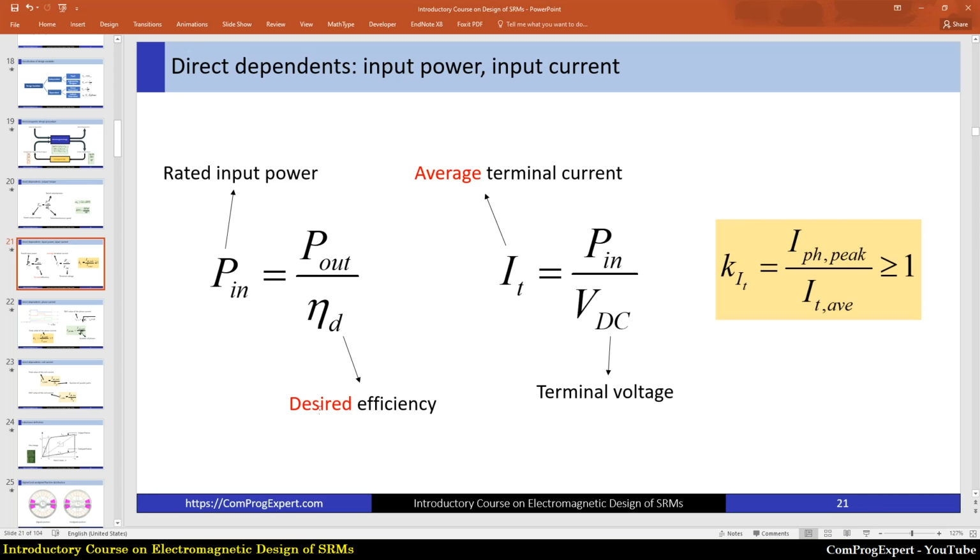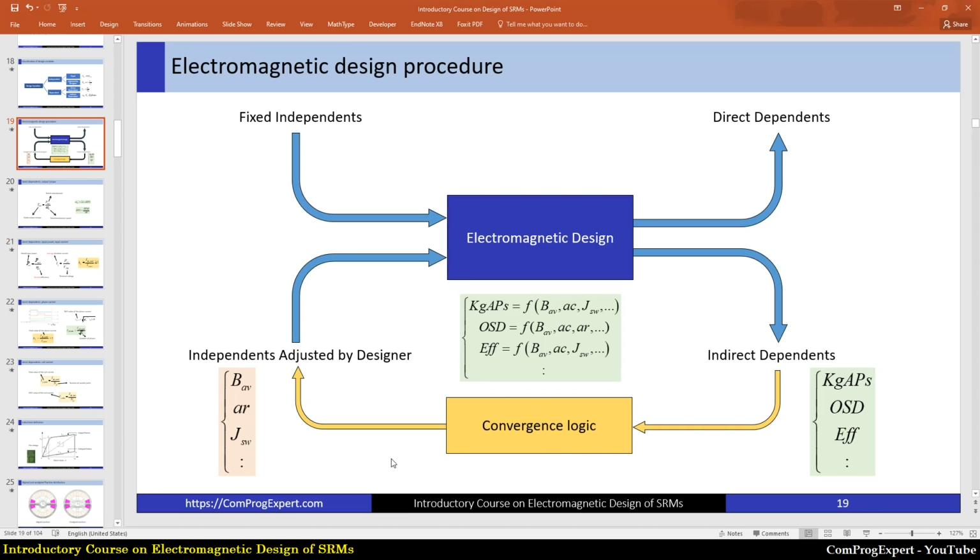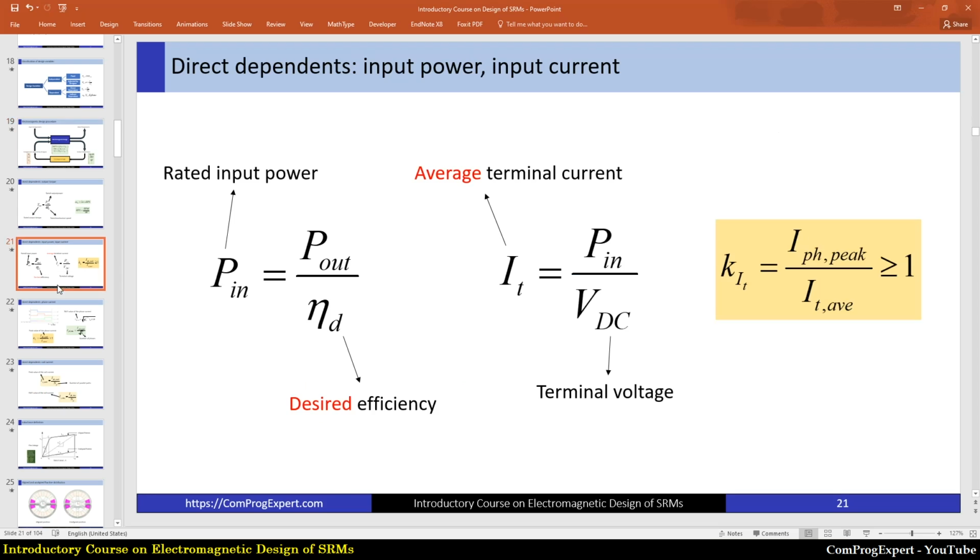So this is the desired efficiency, and after the design, we have the calculated efficiency and we compare. Can we satisfy our desired value or not? So we have this loop, right? We assume these numbers, do the design, and then compare the available design with the numbers assumed at the first stage of the design.